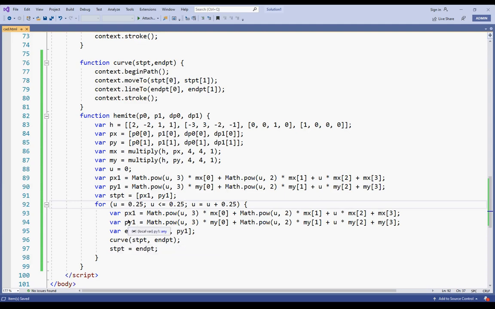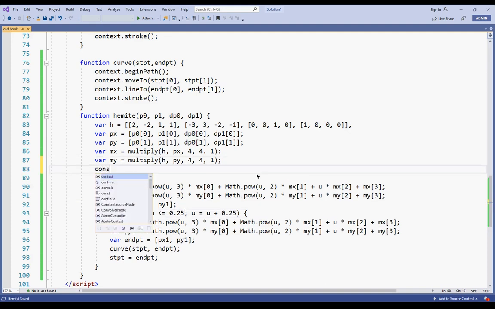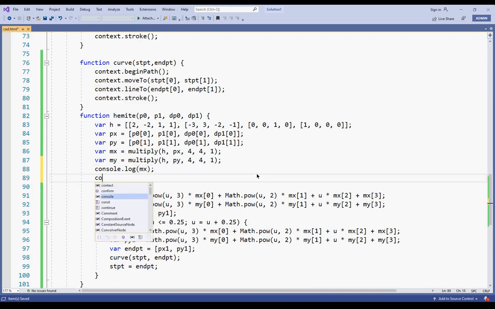And of course I want to print all these values, so let's log the values to see whether I'm getting correct values or not. First of all, console.log mx, console.log my.